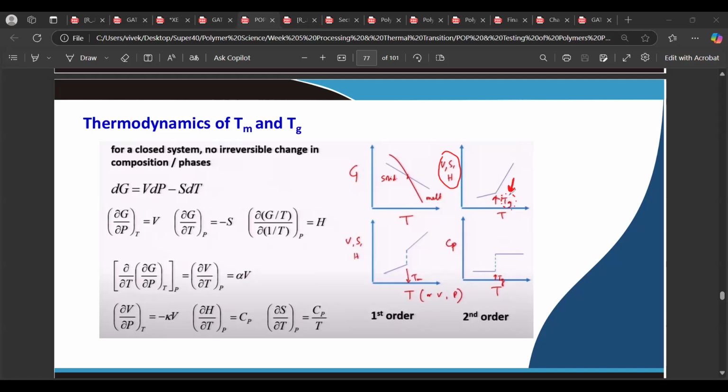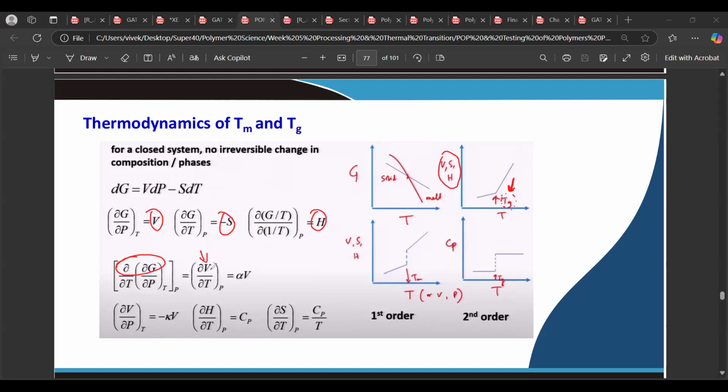So that Tg is a second order transition. Why is that? Because of the second order derivative of G. You see here, V is a first order derivative of G, S is a first order derivative of G, H is a first order derivative of G.